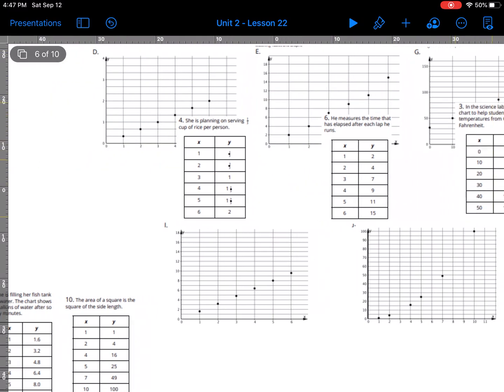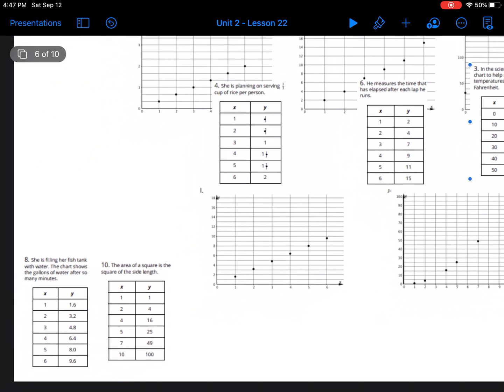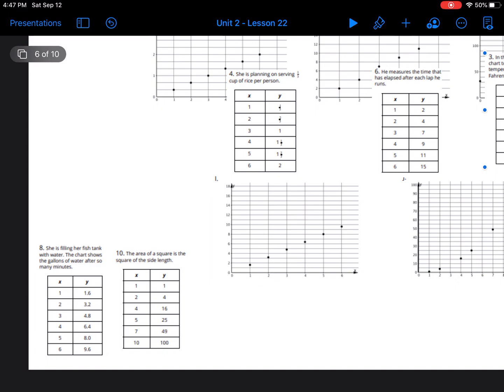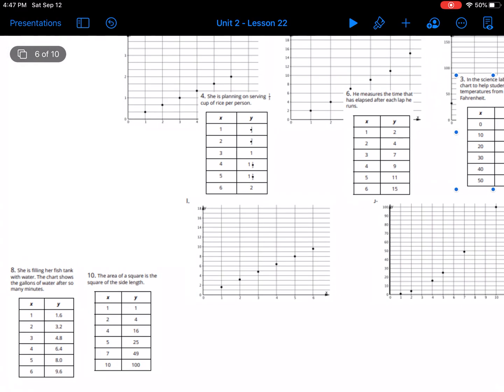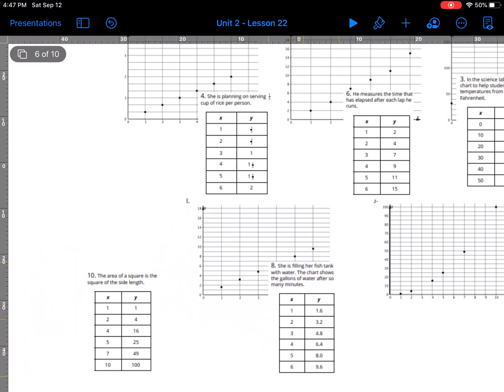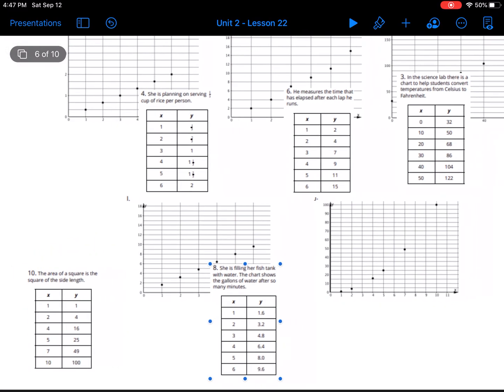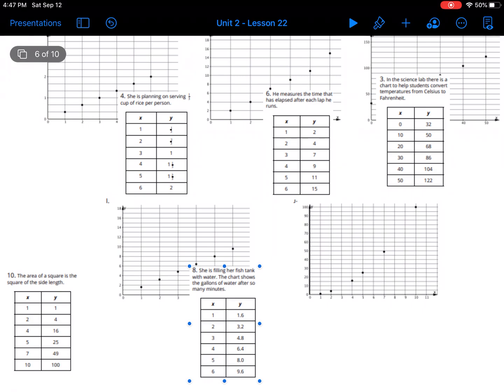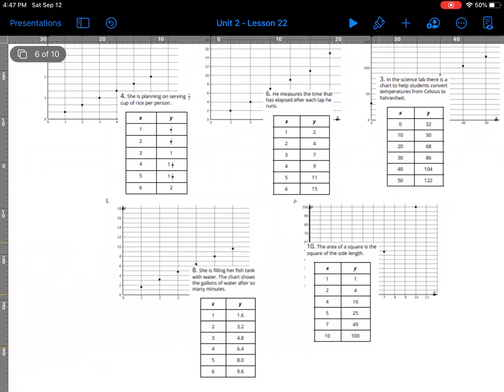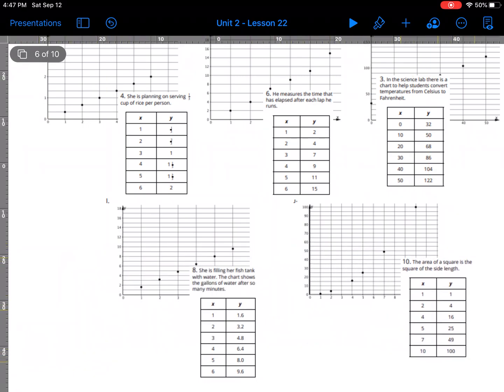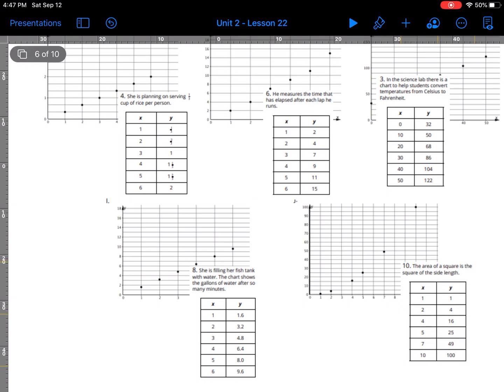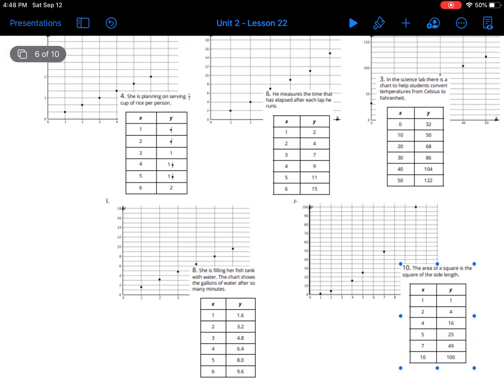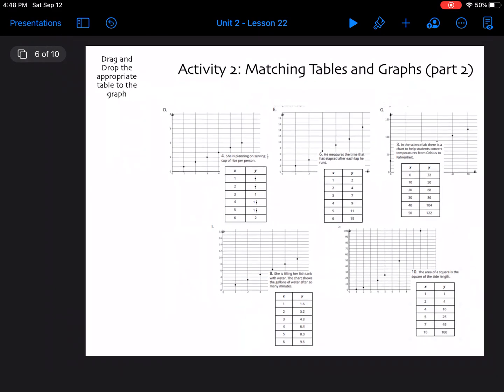This one, 5 and 8 go together. This one looks like it's using exponents. 10 and 10. Yep, that one goes together.